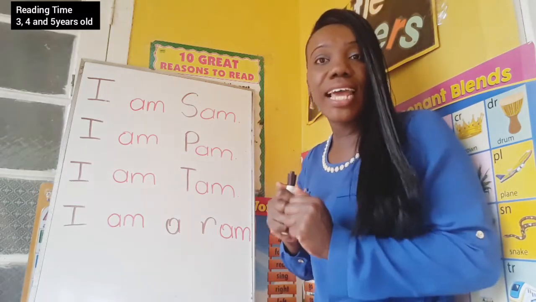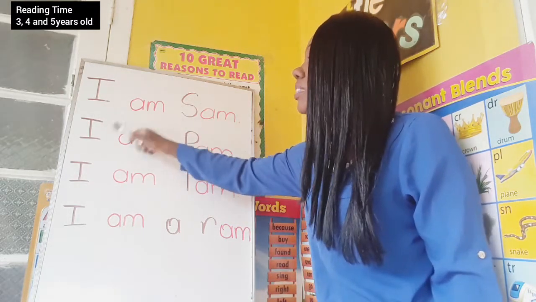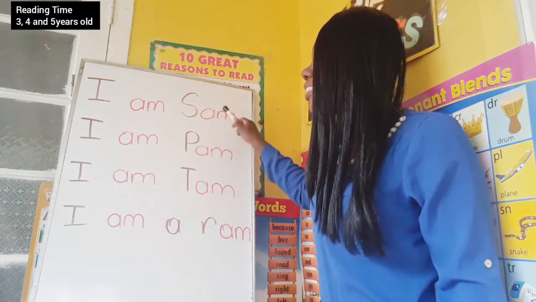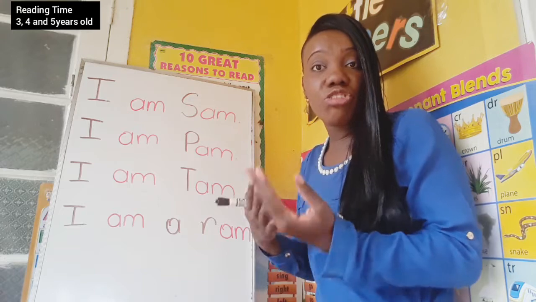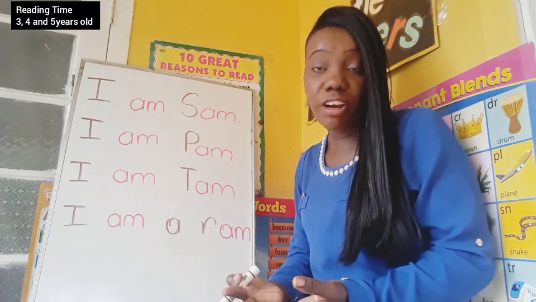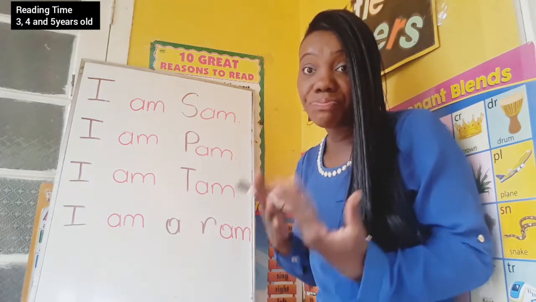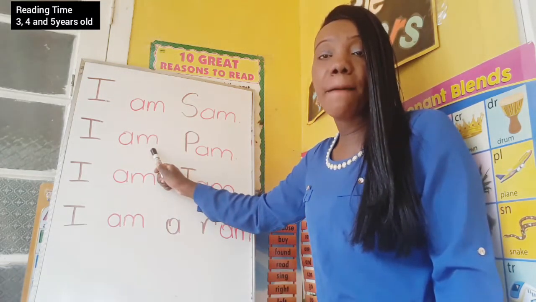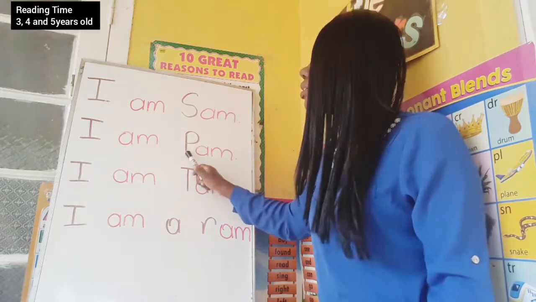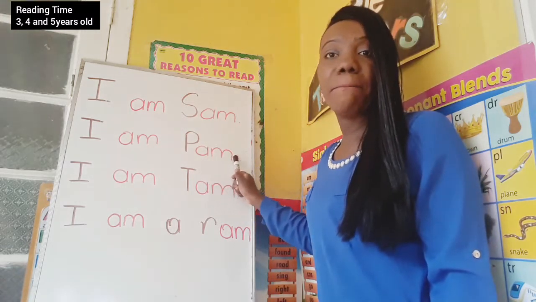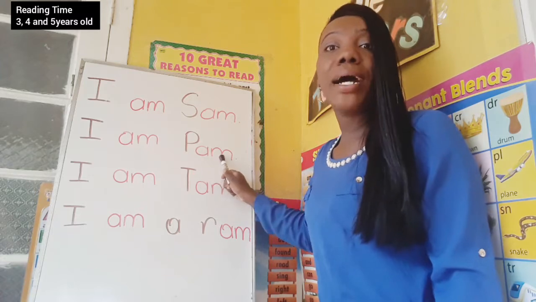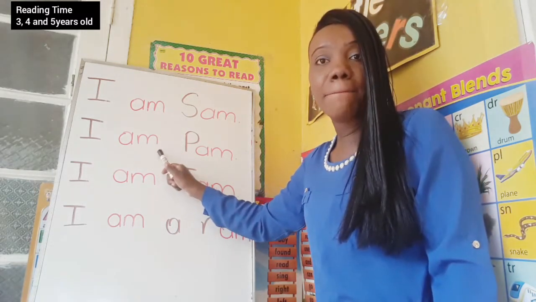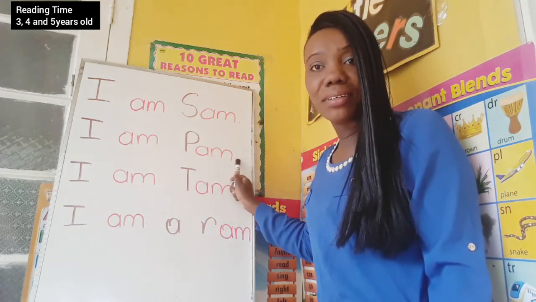Let's move on to the next sentence. And it's the same words in all of these sentences. The only difference is the one at the end. So we're just going to read them because we already know the first part. Right, boys and girls? Let's read. I am Pam. I am Pam.